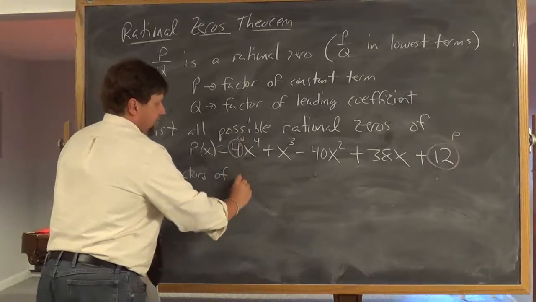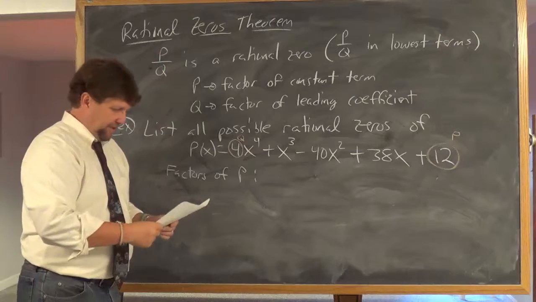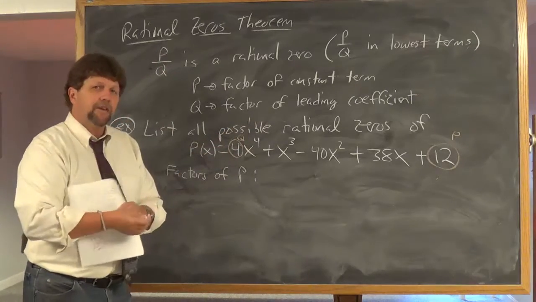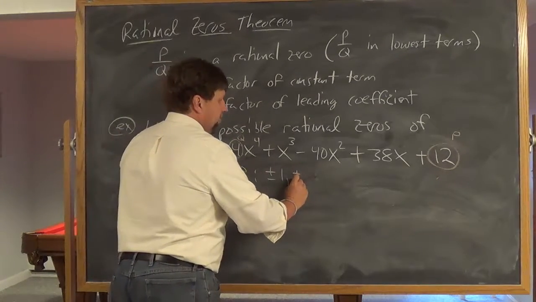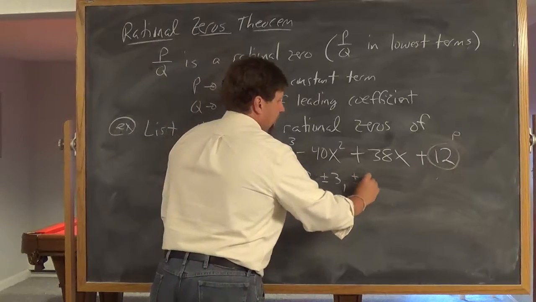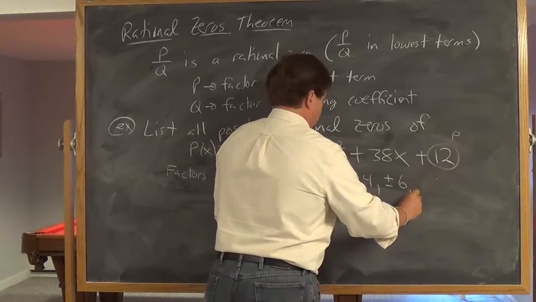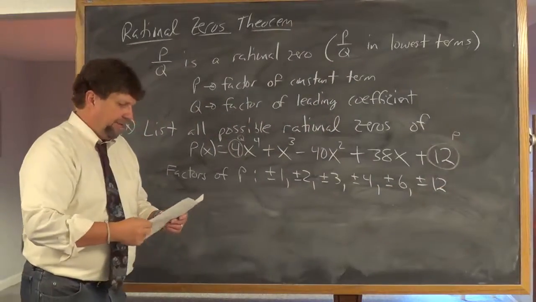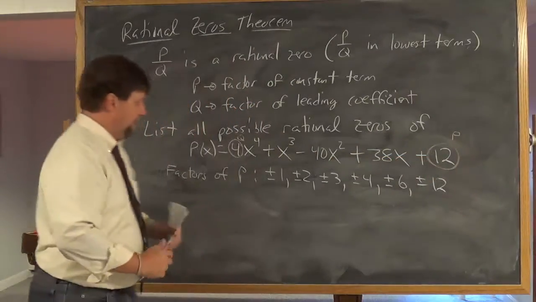I'll start with P first, since it's P over Q. Let's look at the number 12 and think of all the factors of 12: plus or minus 1, plus or minus 2, plus or minus 3, plus or minus 4, plus or minus 6, plus or minus 12.